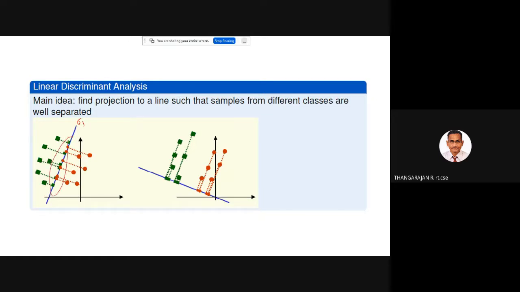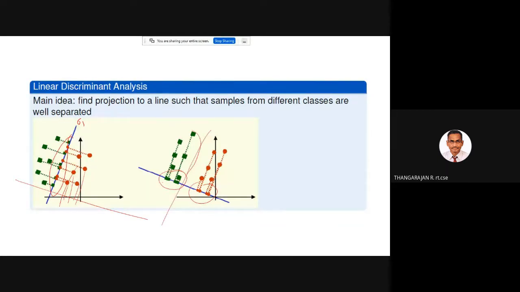Now you take the perpendicular line to this and drop the points onto it, and you find they are linearly separable. So you find the major principal component, then take something perpendicular to it, and now there is a clear linear separability between these 2 classes.